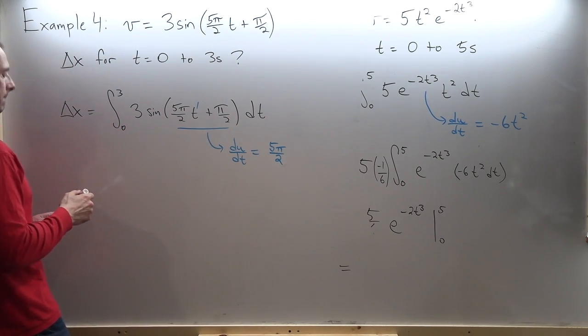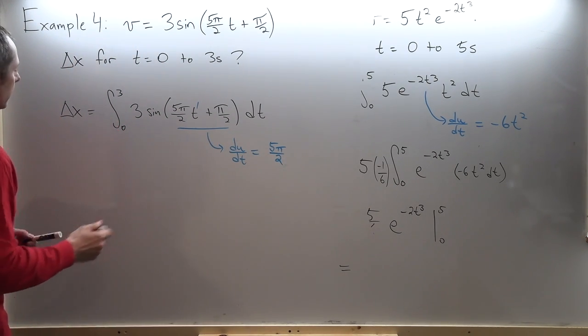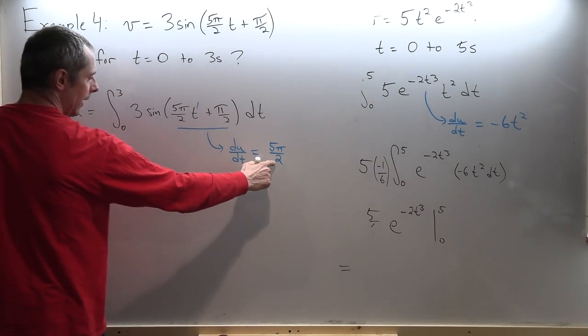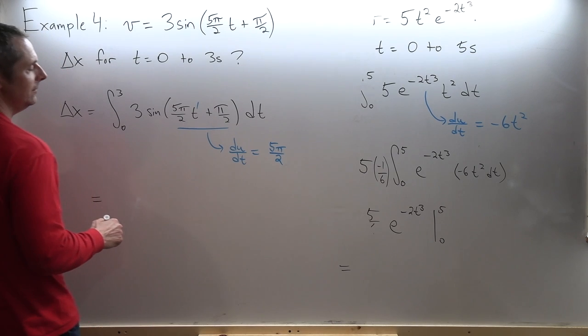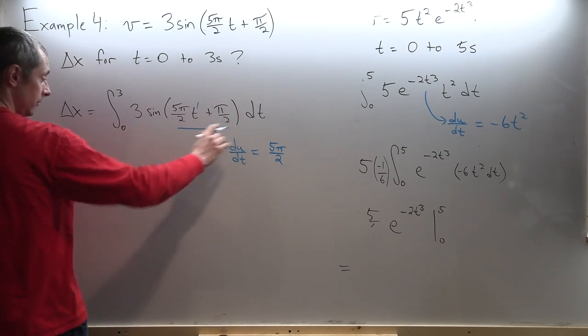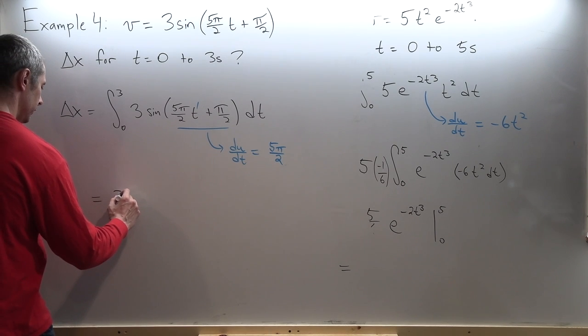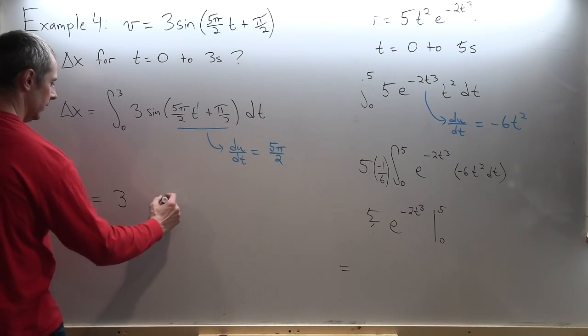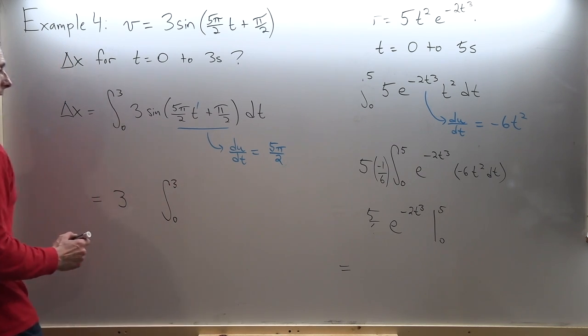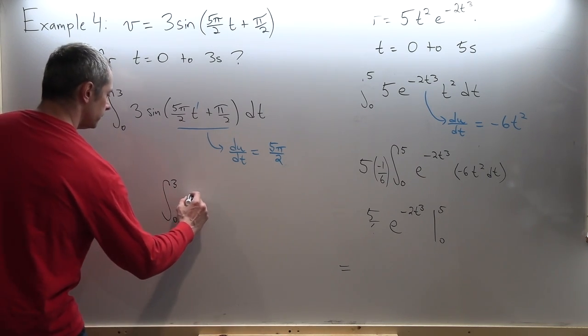So it's just that. So I can rewrite this integral knowing that I have to have an extra 5 pi over 2 with the dt in order to go back to the original function, taking the antiderivative. So I'll put the 3 here, and I'm going to leave a space here. And I'm integrating from 0 to 3 seconds.